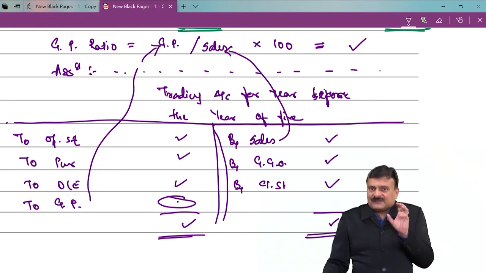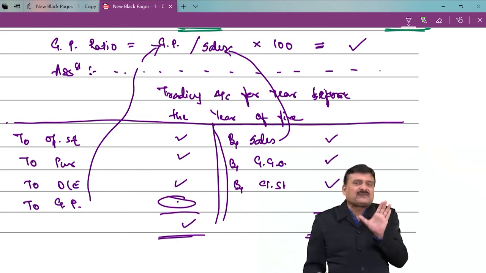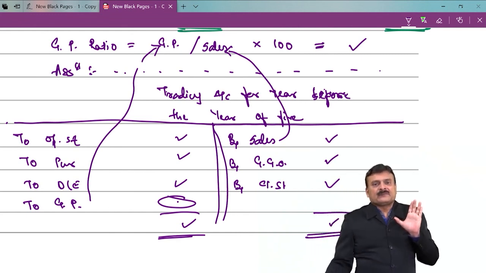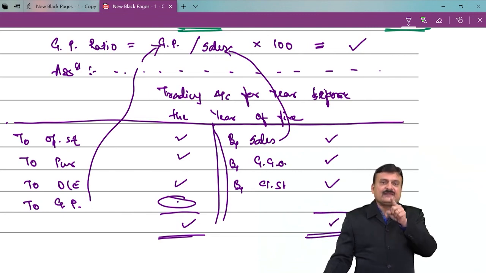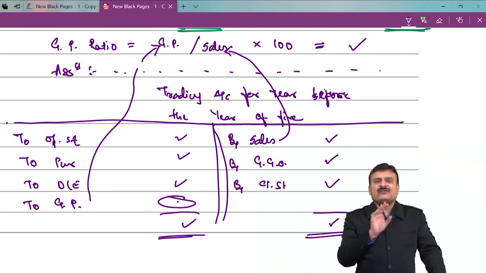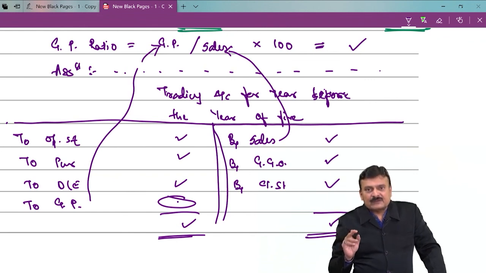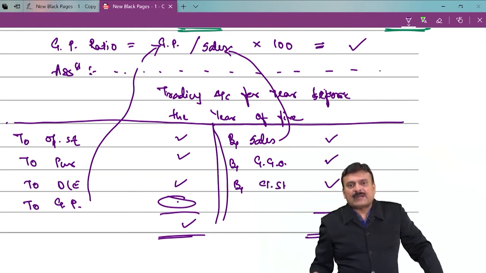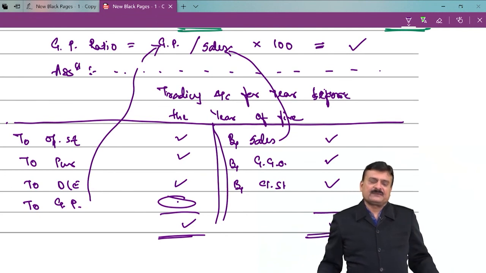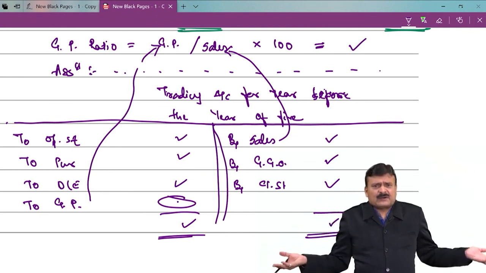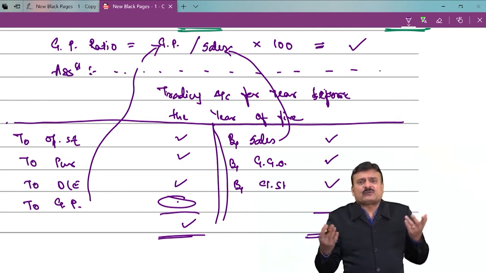So if you can understand the steps now. Step 1, you will see in the question, is GP ratio given or not? If GP ratio is given, your solution will directly start with memorandum trading account. Then why should I prepare a trading account? The objective of preparing trading was to calculate GP ratio.